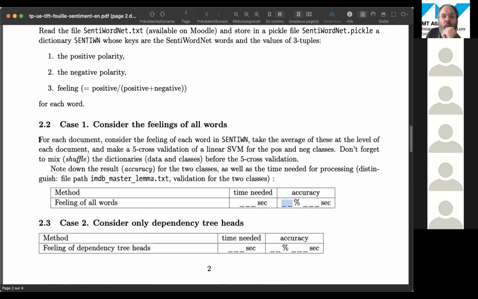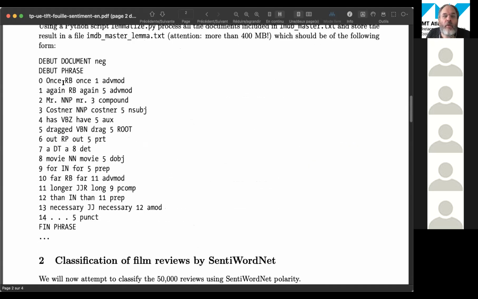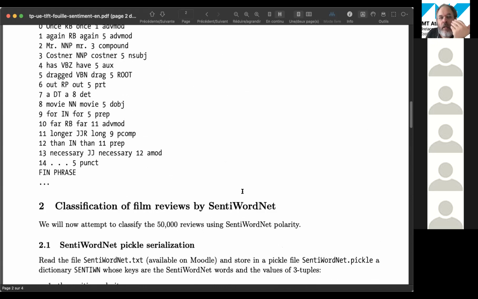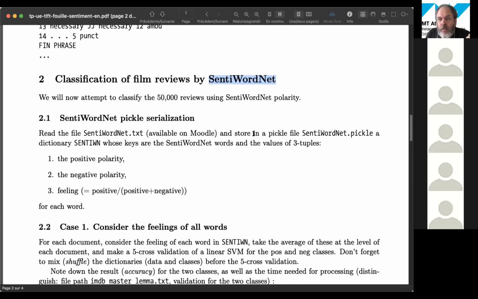Now, in this first step, I'm proposing you to use all words. So take all words, no matter what the POS tag is, and look into SentiWordNet if they are there. And if yes, use them as features of your training documents.